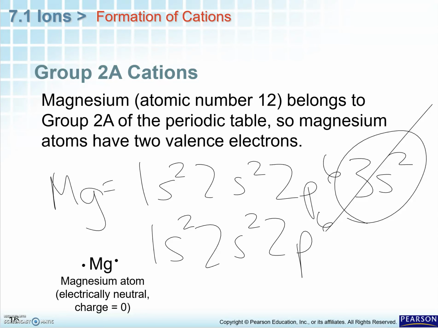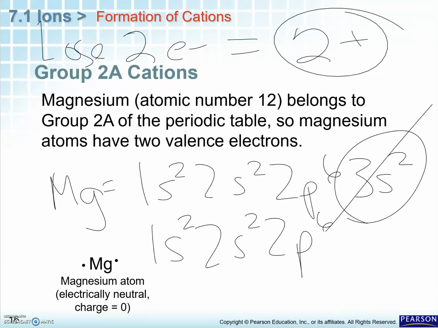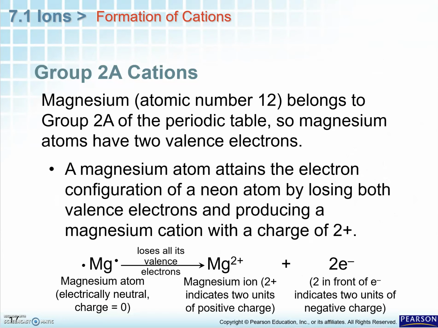However, because of the number of protons, we're going to get that positive charge. Since we lost 2 electrons, our charge is now going to be a positive 2, and that's shown down here as well. Whenever you lose those valence electrons in your electron dot structure, it is going to create that positive 2 charge.